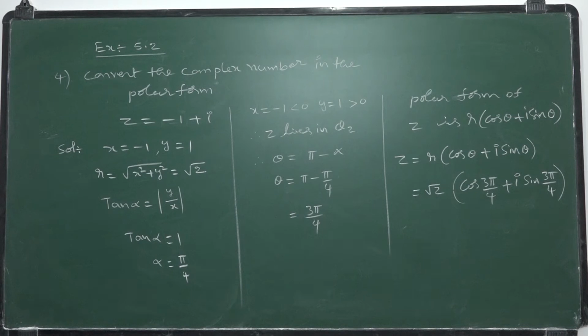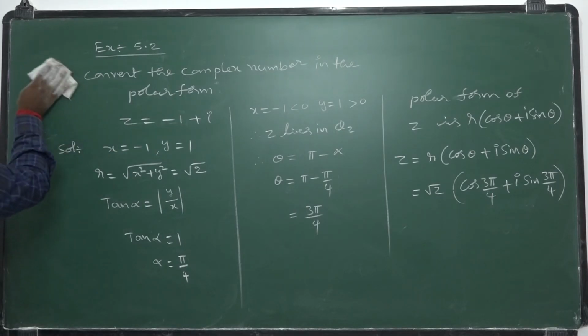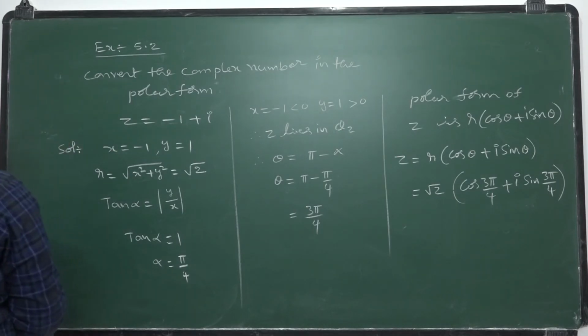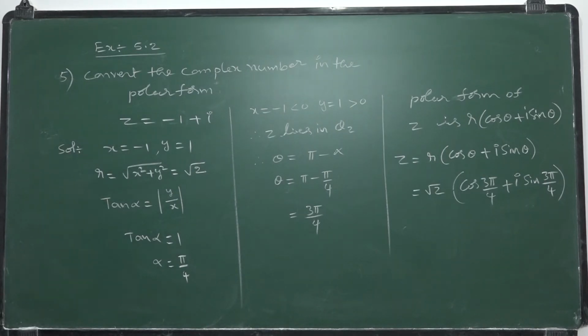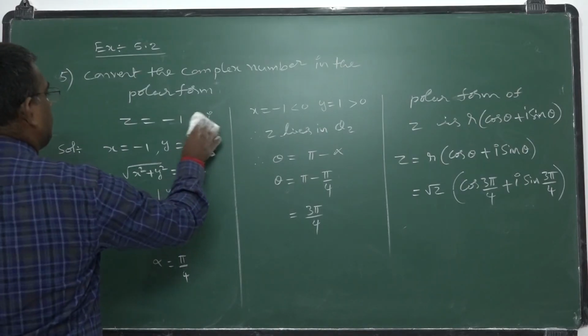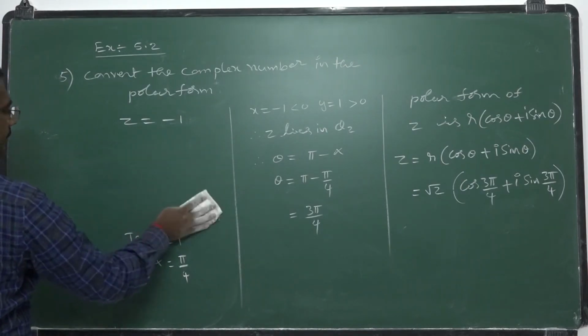Next, fifth problem. Convert the complex number in the polar form: minus 1 minus i.